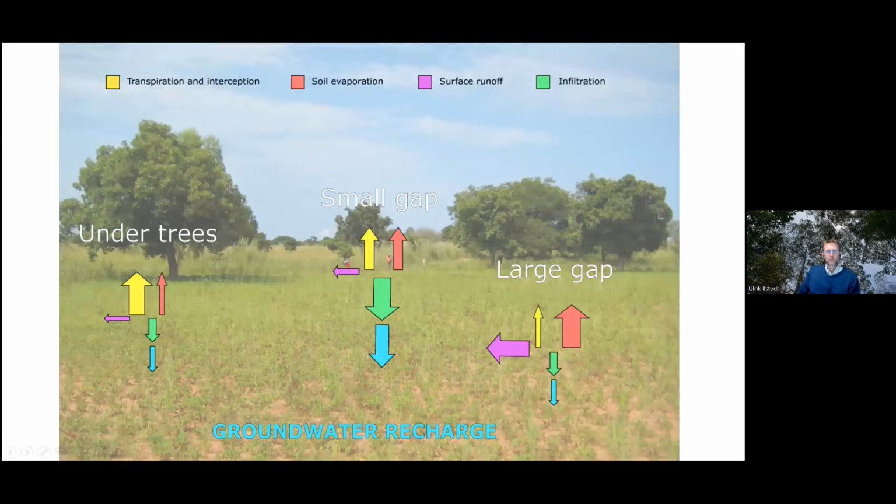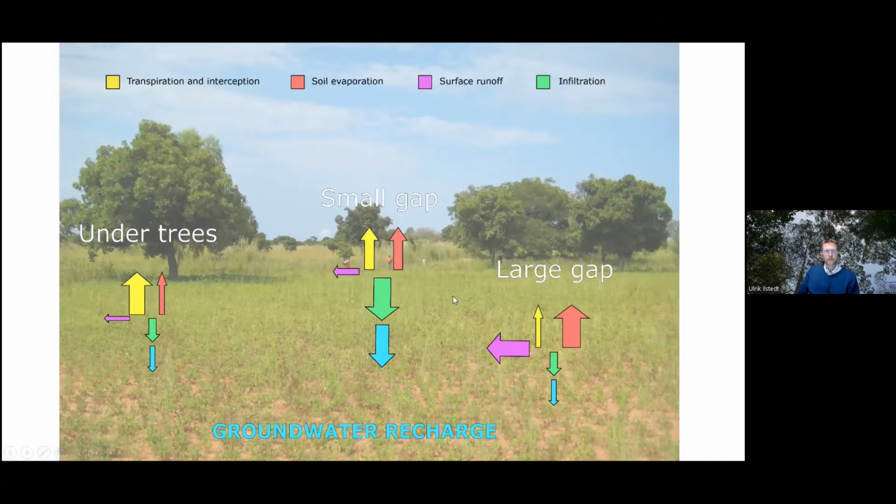So then we started to think about how this can work spatially with the water balance. The water balance consists of, and I should say, the soil water balance and the groundwater balance.